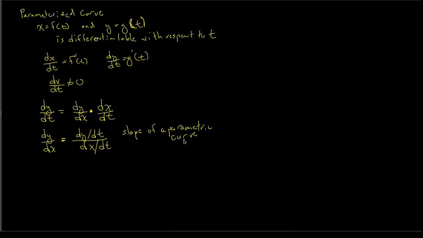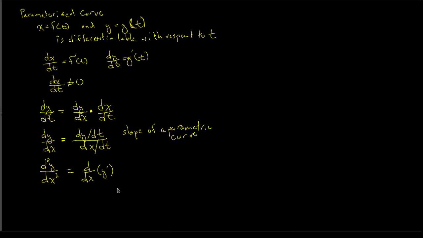We can extend this and say that we can take the second derivative, or the acceleration or the rate of change, and we can say that is the same as d/dx of y prime.